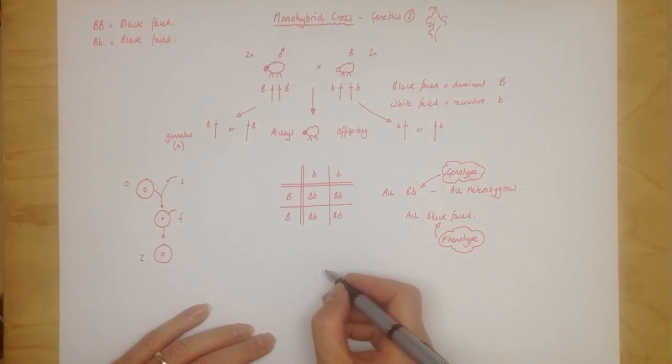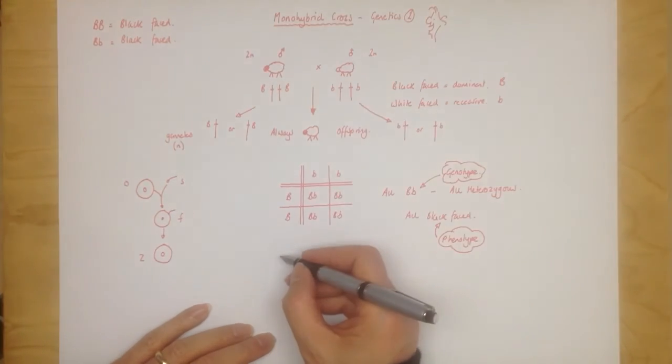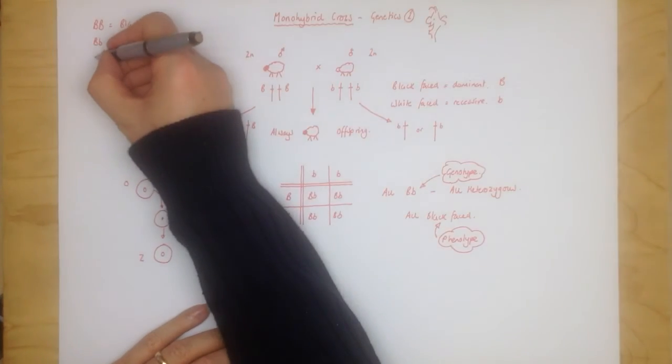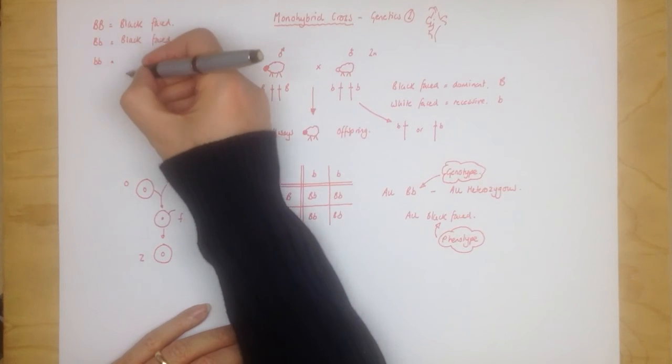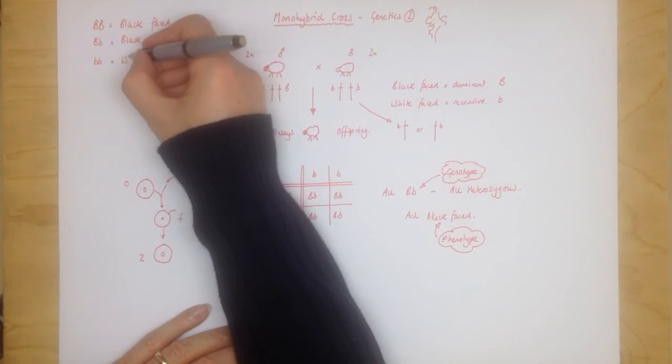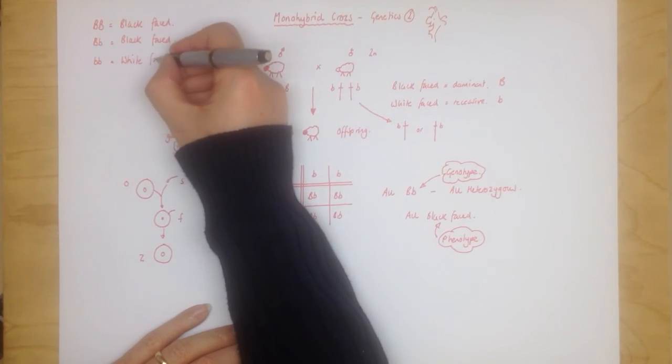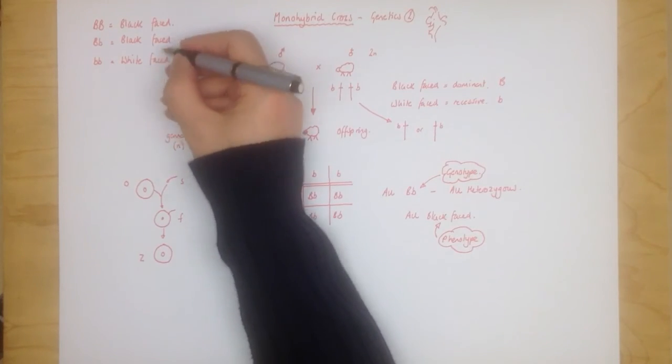There's only one version of the white-faced sheep. You have to be homozygous recessive, because if you have the dominant gene, you'll be black.